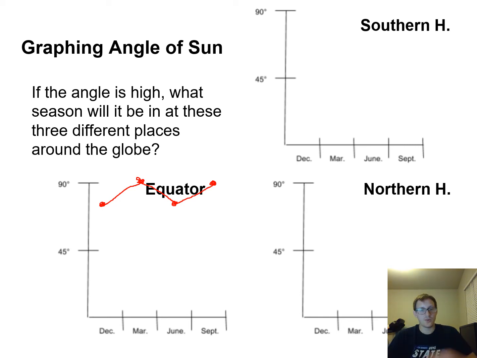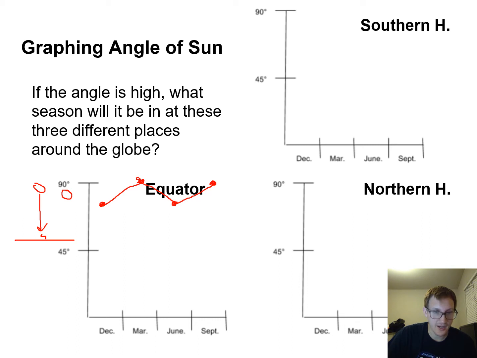Okay, so what we're talking about is like if I have the equator there, like this is the Earth at the equator, and I have the sun here. When the sun rays come down straight like this, they intersect at a 90-degree angle. Okay, during December and June, the sun does not go directly over.